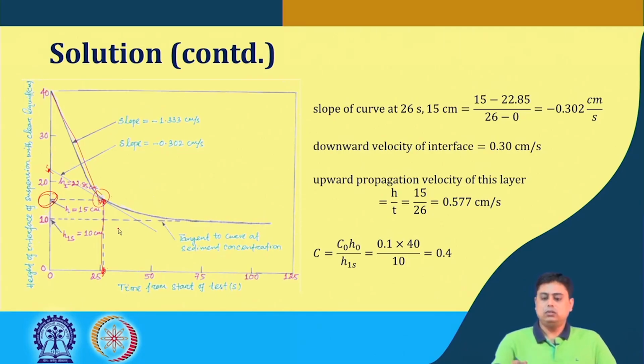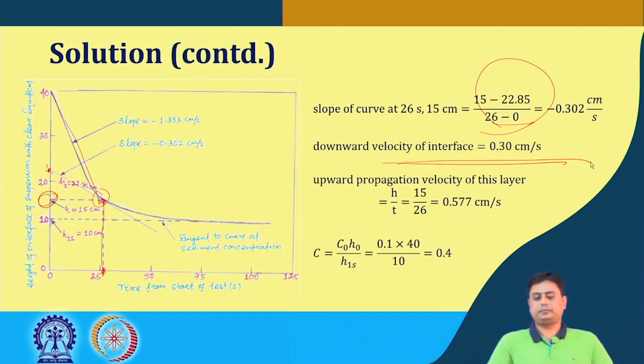From the graph we can calculate that: 15 minus 22.85 divided by 26 minus 0, that gives us the downward velocity of the interface.